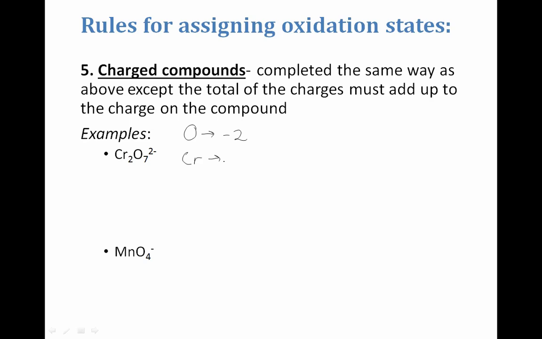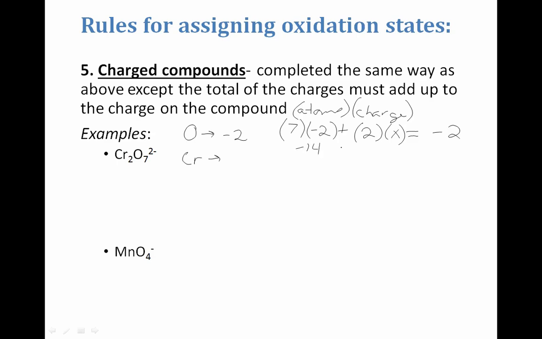It's hard to tell immediately. Once again, you can use common sense and play with the numbers, but if you're mathematically inclined, I always set it up the same way. There are 7 oxygen atoms. 7 oxygen atoms times the charge of -2 plus 2 chromium atoms times the charge of x equals the charge on the compound, which is -2.